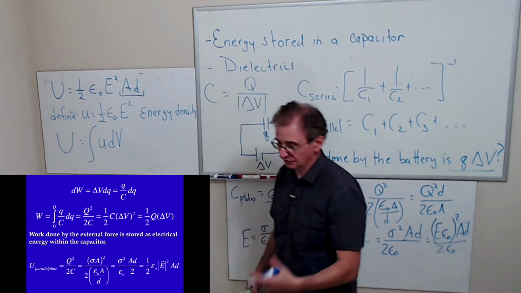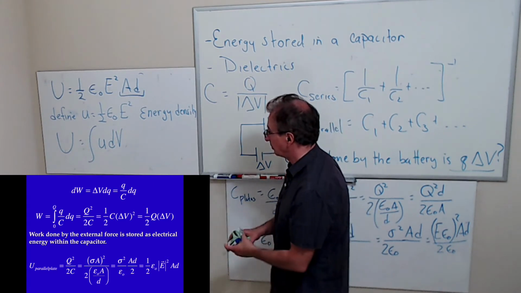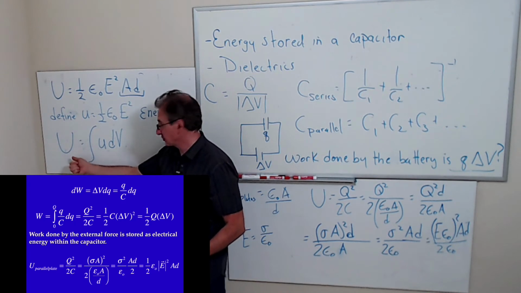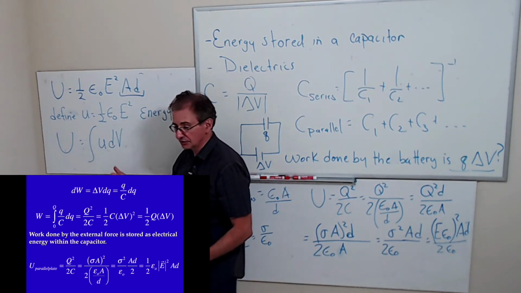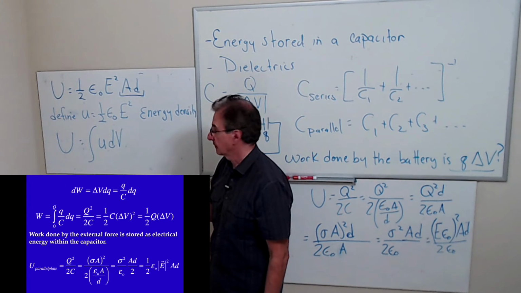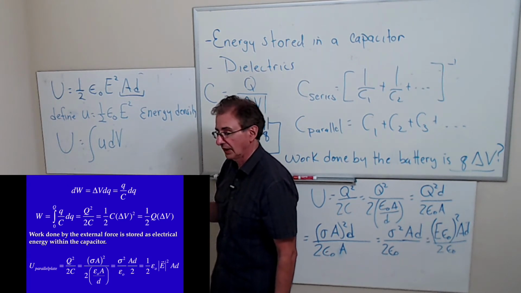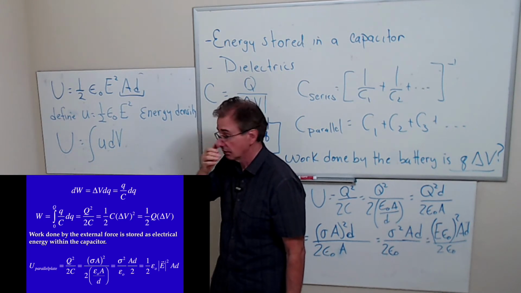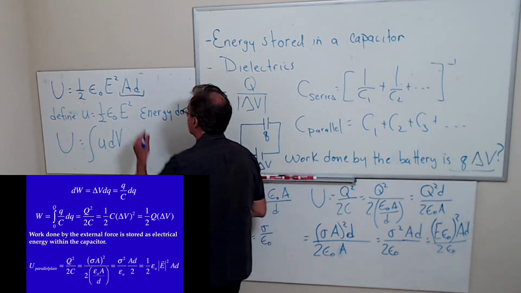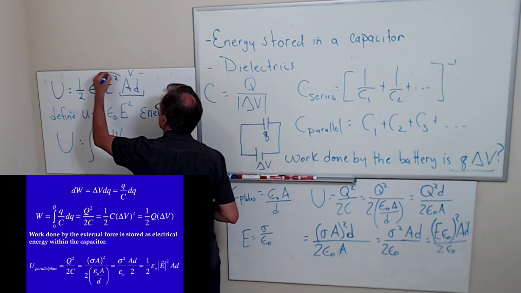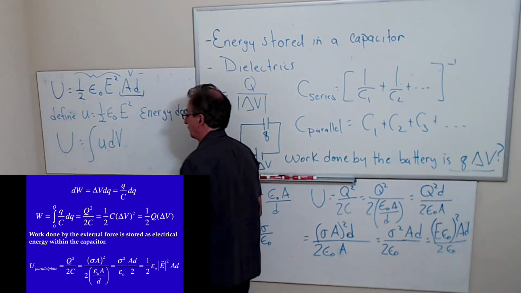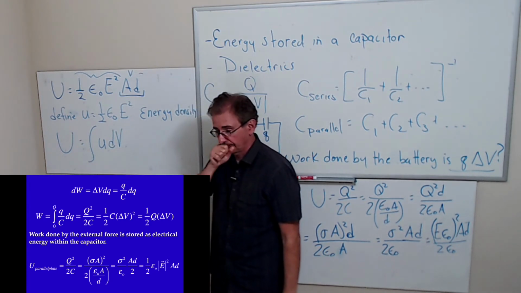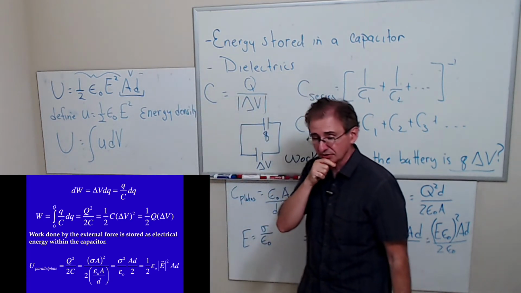I will not prove that here because you need the methods of Calc 3 to prove it, but you can show that in general, to calculate the energy stored, you have to integrate the energy density over the volume. This is going to become important later on. So this is volume, and this is energy density. For the case where E varies, you have to set up an integral. Does that make sense?